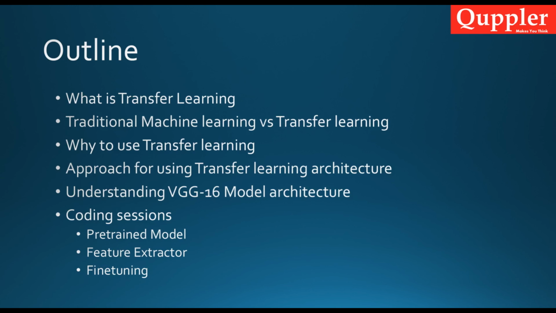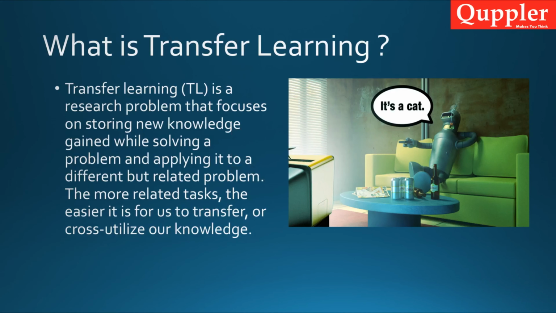So let's start. The first question which hits the mind is, what is transfer learning? Transfer learning is a research problem that focuses on storing knowledge. It is basically a technique which makes life much easier for performing machine learning, where a model trained on one particular task can be used as a starting point to identify different tasks.